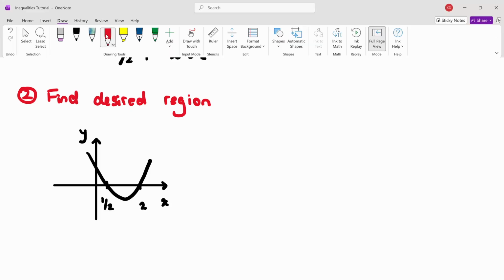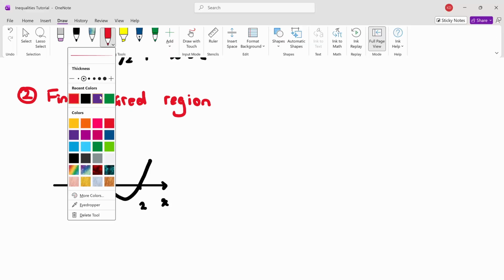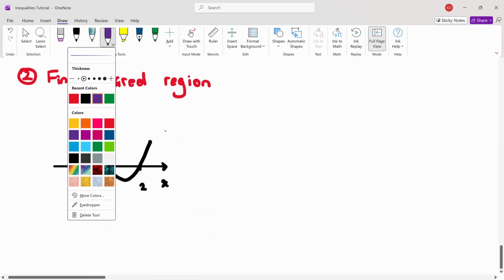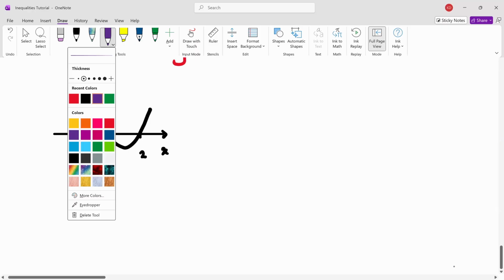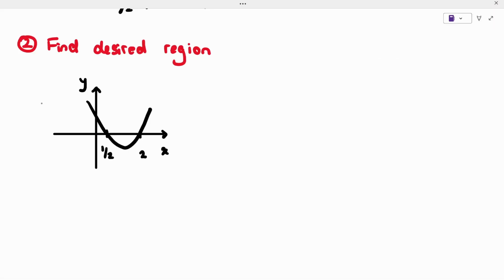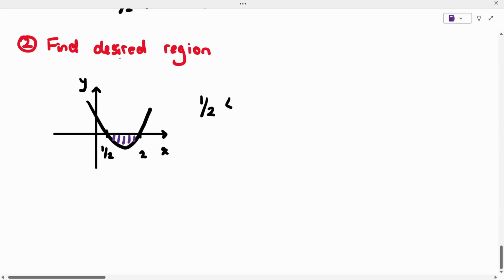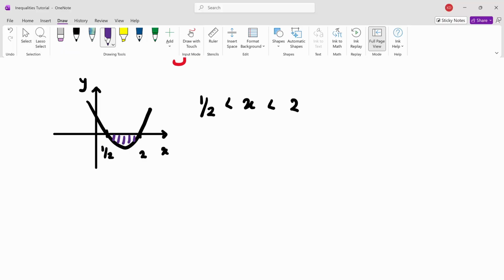Now, what is the desired region? We need to solve this when it is less than 0. Less than 0 puts us under the x-axis, that's when y is less than 0. So we can see here, x is actually between a half and 2. These are the values of x that are going to make that original inequality true.